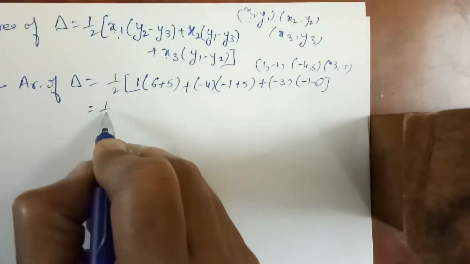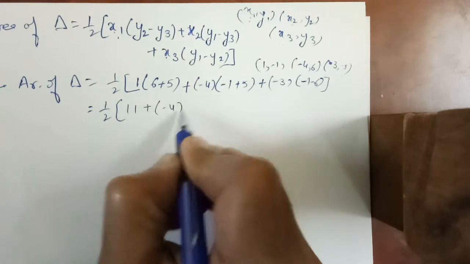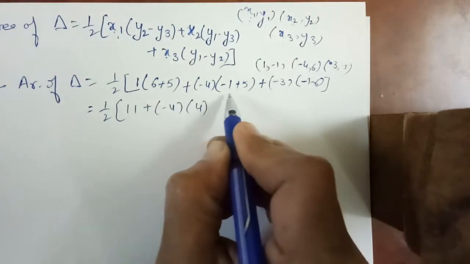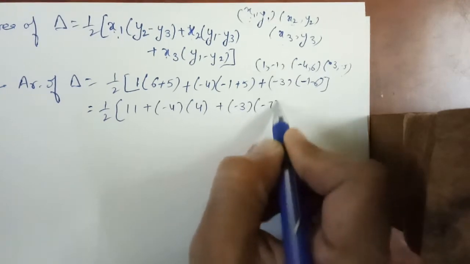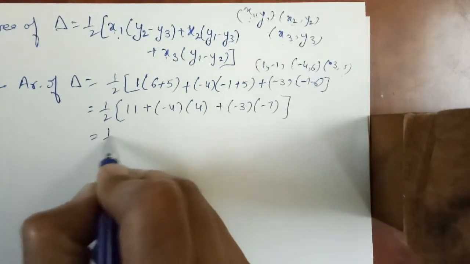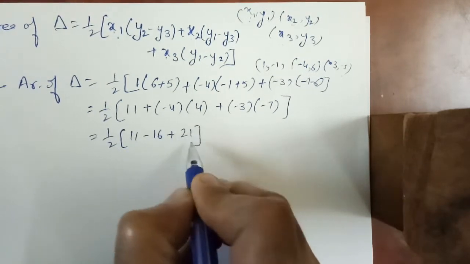Here the value is 1 by 2, 11 plus minus 4 into 4 plus minus 3 into minus 7, and its value is 1 by 2, 11 minus 16 plus 21.